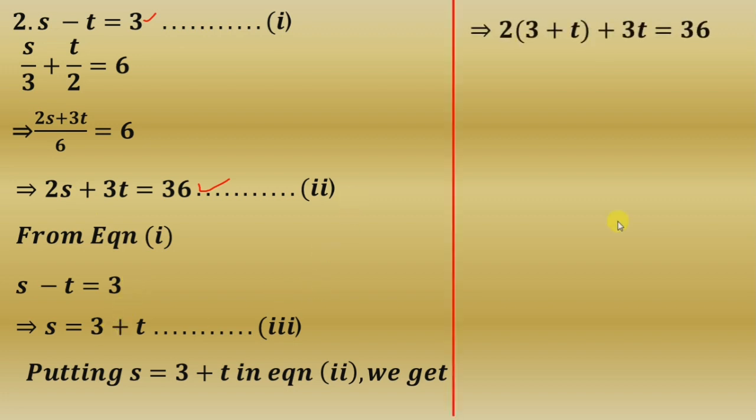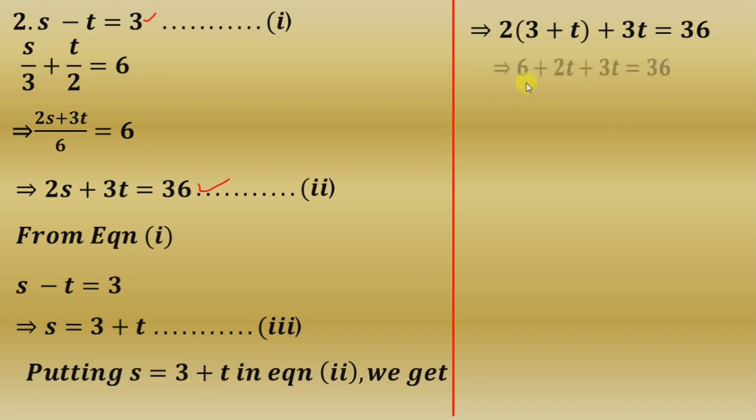In equation number 2, instead of s I'll write 3 plus t, plus 3t is equal to 36. The rest remains the same, only the value of s is substituted by 3 plus t.